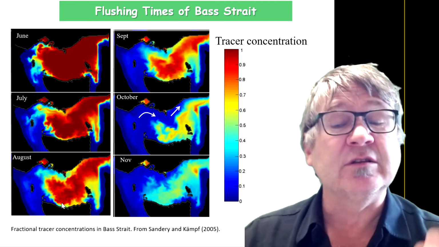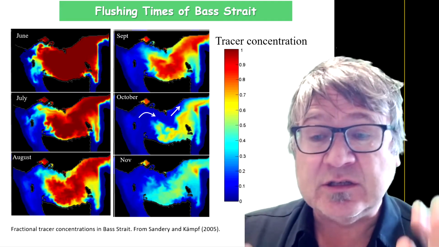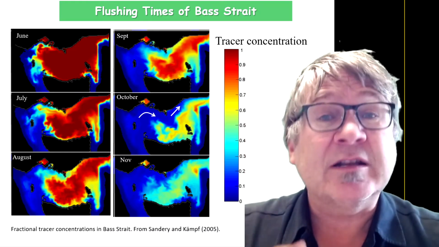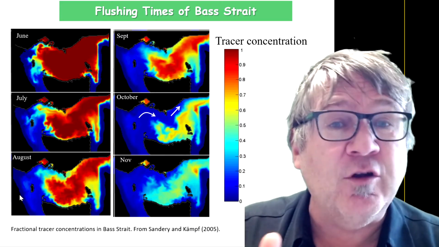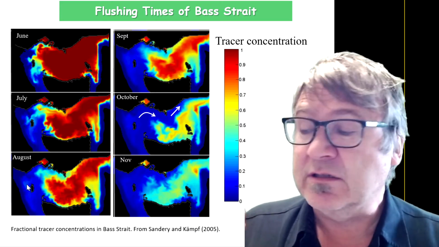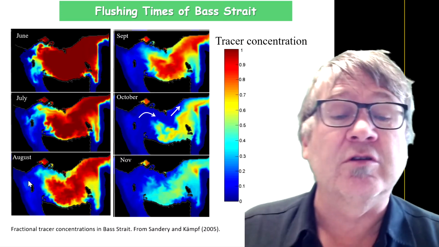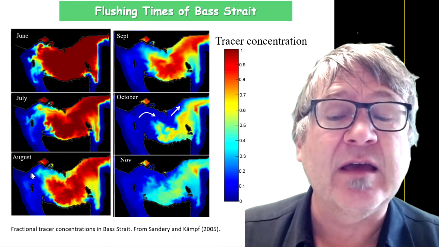This is the concentration, and you can see that in Bass Strait the concentration decreases, and in some parts it decreases much quicker. These are the regions where you have an inflow. In August, for example, you can see this tongue of blue, which means low concentrations. Dark blue is 0%, water coming in.